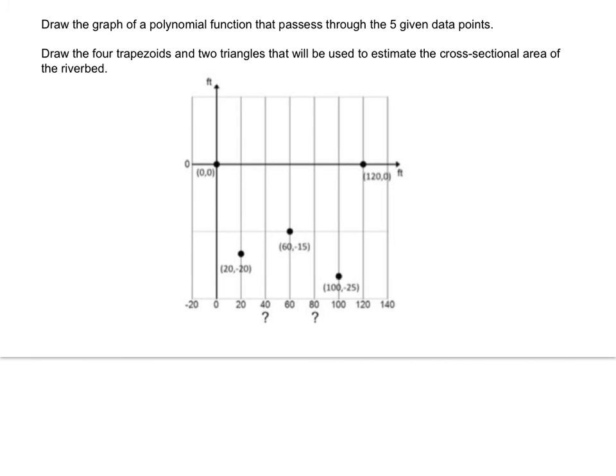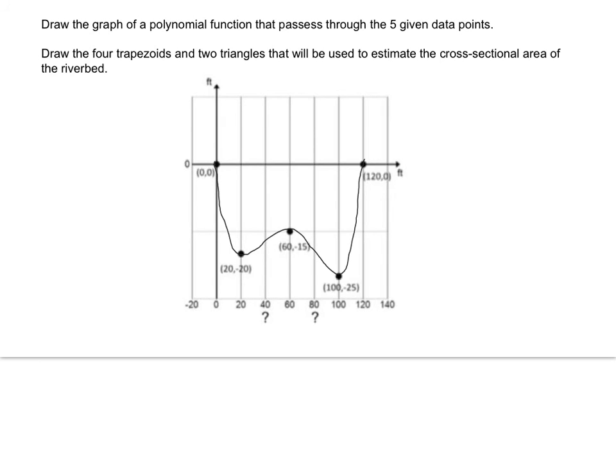All right, draw the graph of a polynomial function that passes through the 5 given data points. So I'm pretty sure I put the one the book did in here, but I'm going to go ahead and draw a curved function.